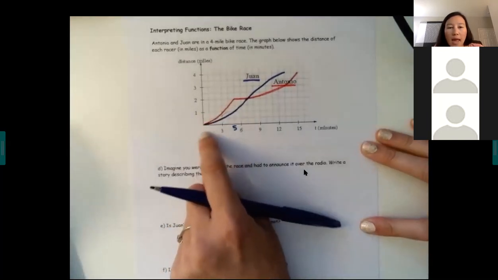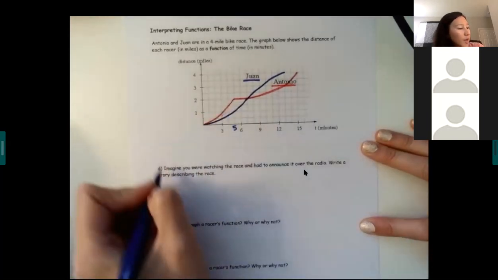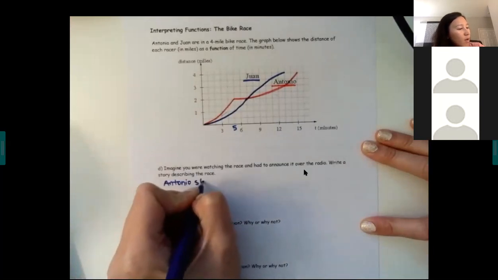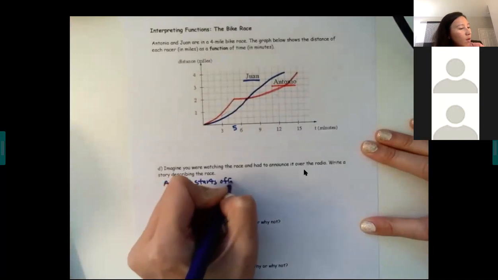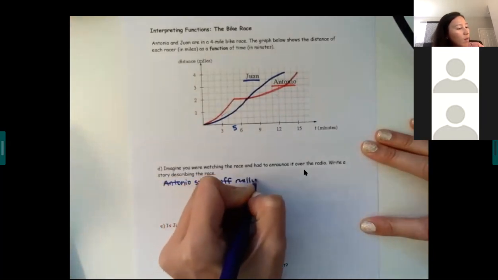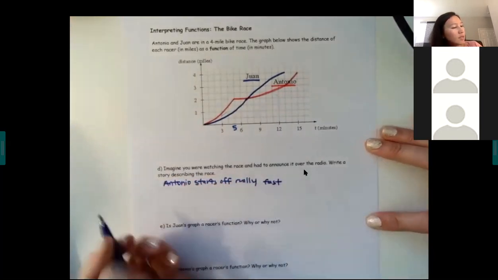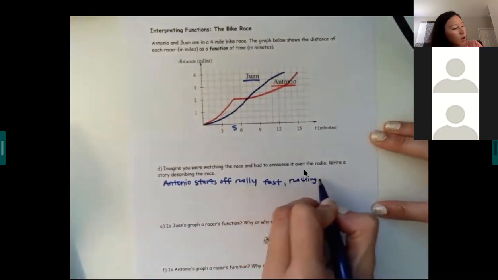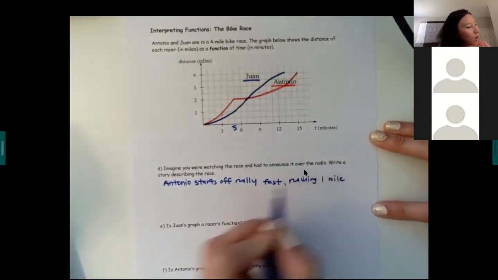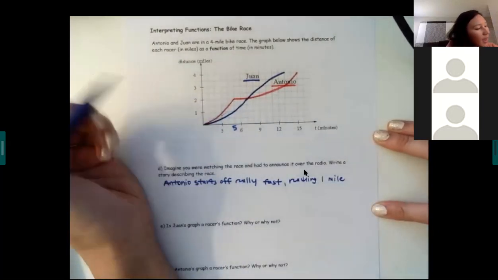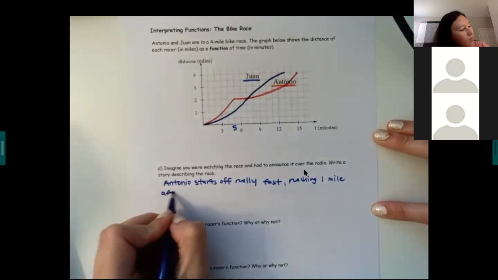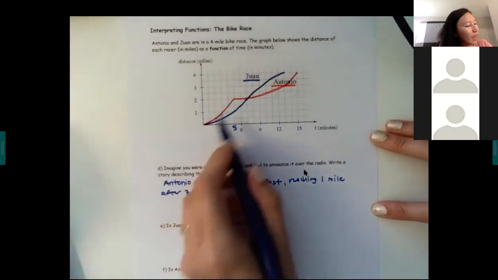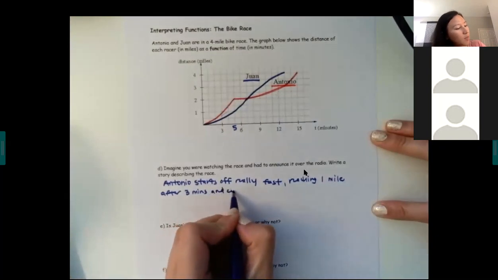So we would say, you know, Antonio starts off really fast, reaching 1 mile after 3 minutes. And continues increasing his speed.